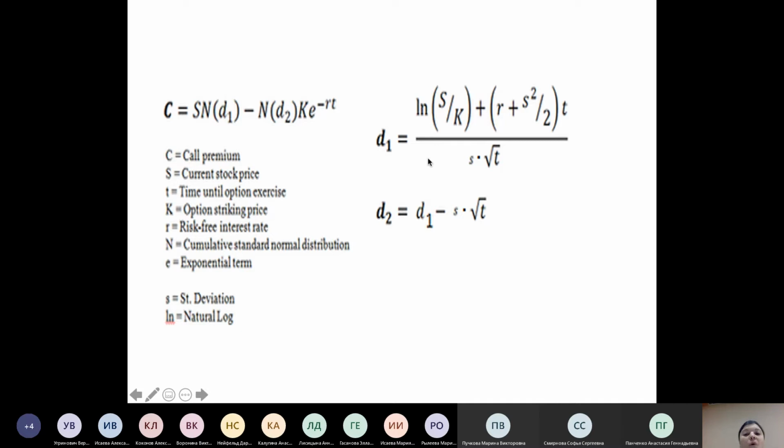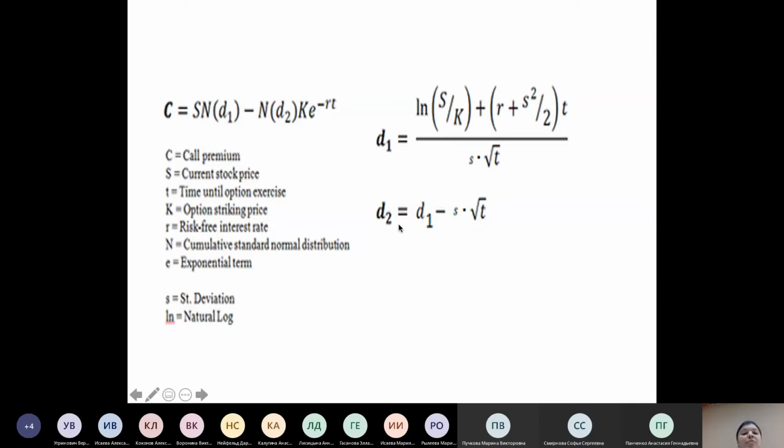And all this statement is divided by standard deviation multiplied by our T, our period of expiration, to the extent 0.5, minus the same cumulative standard normal distribution based on our D the second.